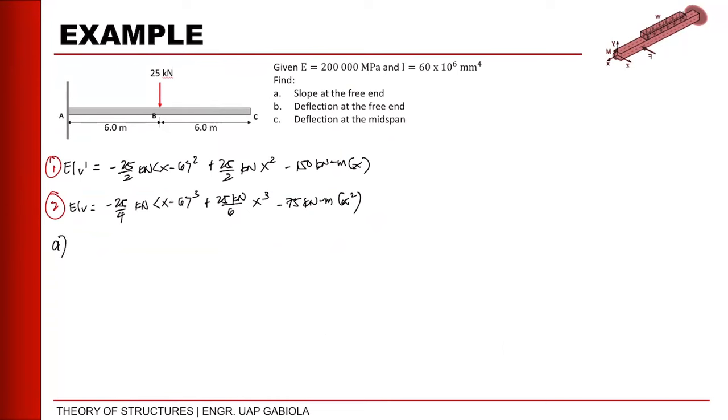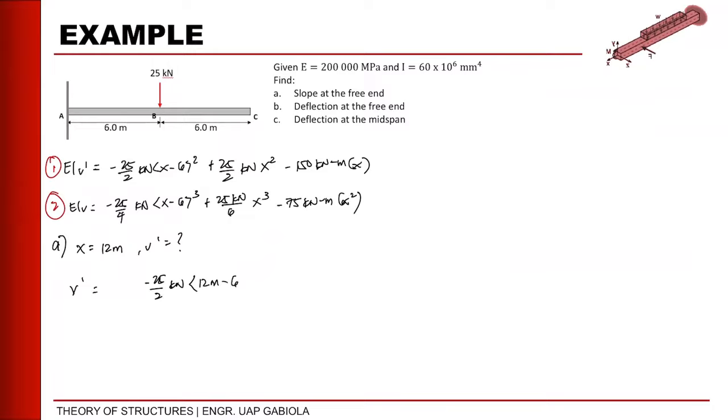So sagutin lang natin yung first one. At A, slope at free end, so at x equals to 12 meters, ano daw yung ating v prime? So substitute lang natin. Meron tayong value ng EI. So v prime equals to negative 25 over 2 kN times (12 meters minus 6).